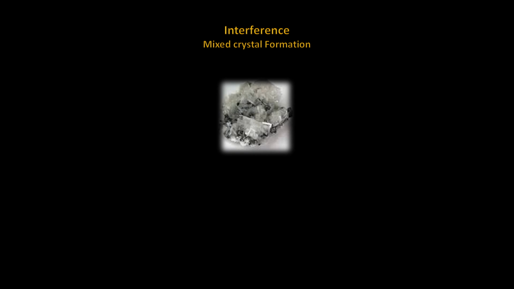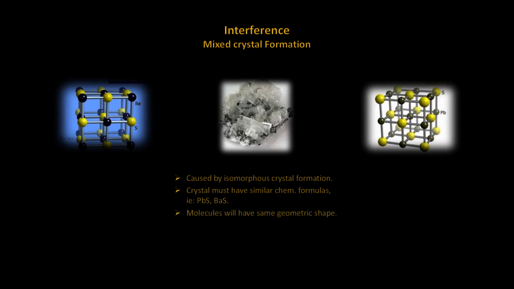Mixed crystal formation. Now this can be a real problem. The easiest way to show this is by displaying a magnified crystal. The crystal structure is isomorphous. That is, two or more species will have similar chemical formulas, such as barium sulfide and lead sulfide. They must also have the same geometric shape, that is, structure.